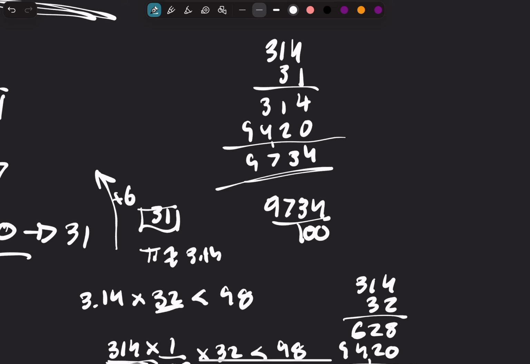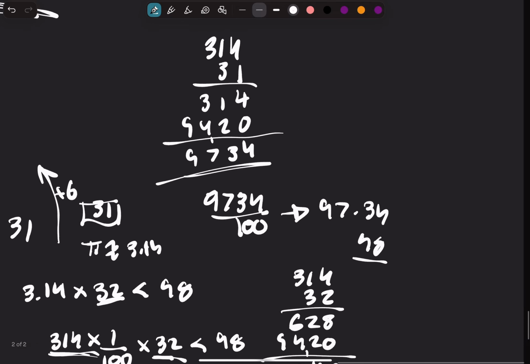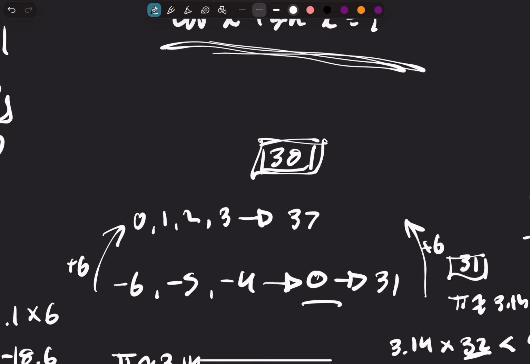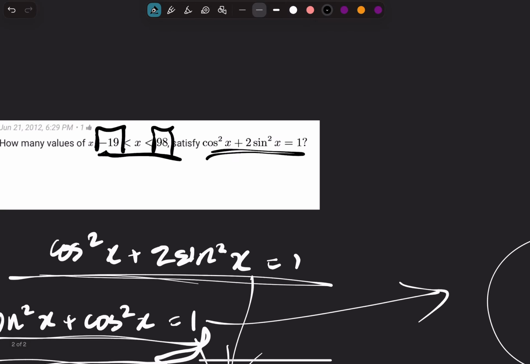Divided by 100, that is equal to 97.34, which is a decent amount away from 98, the upper limit, right? So we can safely assume that works and say that there are 38 values that satisfy this equation over here. So yeah, that's it.